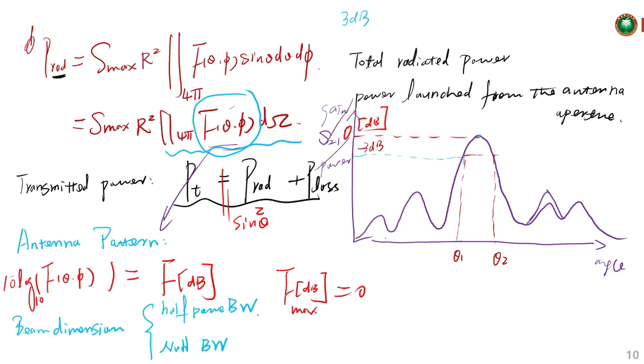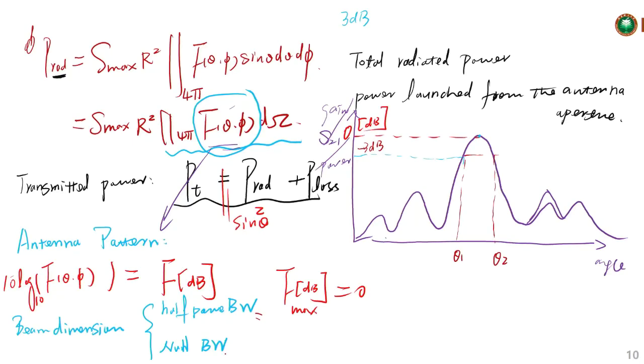So the half power beam width equals theta 2 minus theta 1. So this is the half power beam width.